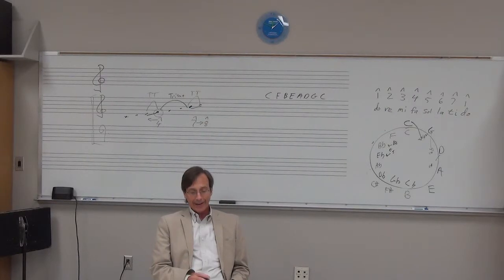The next one seems like an augmented second. G to A would be a major second. If we expand that by making it G flat, since it's bigger than major, it's augmented.